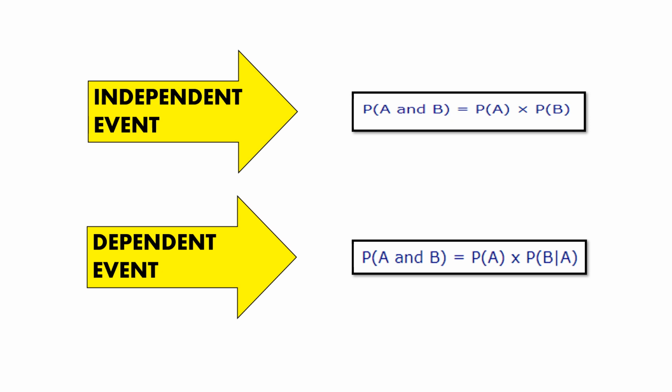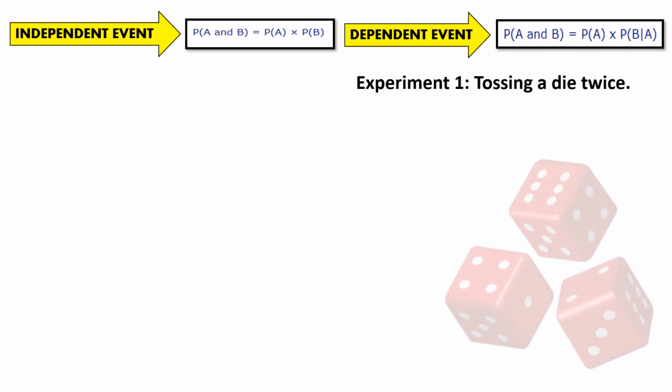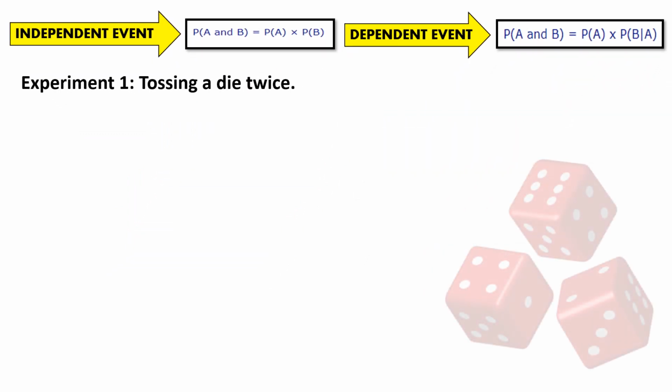Let's start with experiment number 1: tossing a die twice. Whenever you are trying to determine if the event is independent or dependent, you simply need to understand how the experiment works.